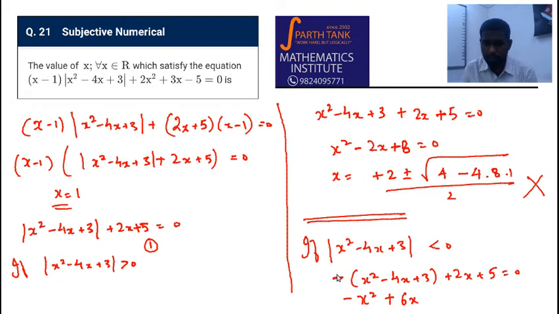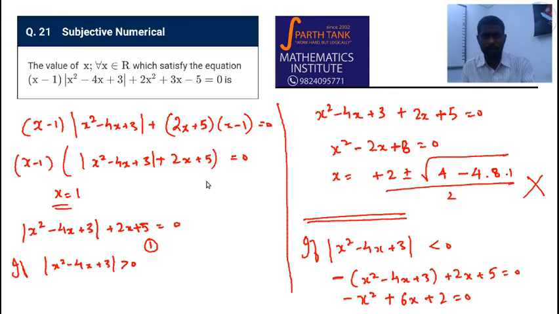What do I mean? Minus of minus 4x is plus 4x, and plus 2x. Then minus 3 plus 5. So this gives me x squared minus 6x plus 2 is 0.